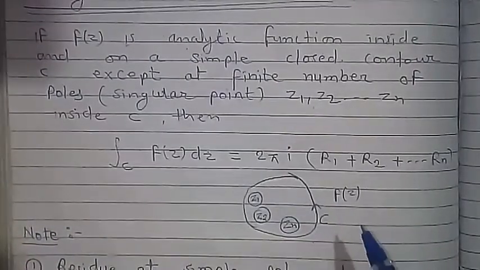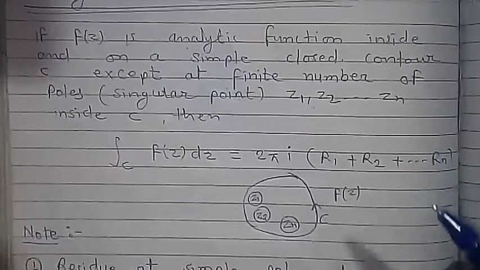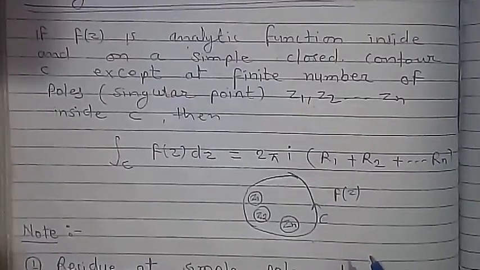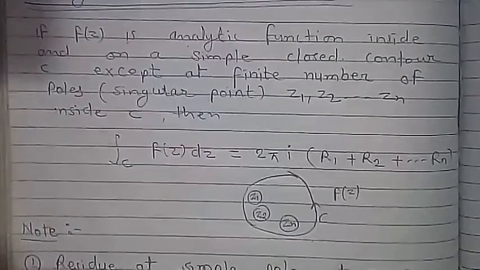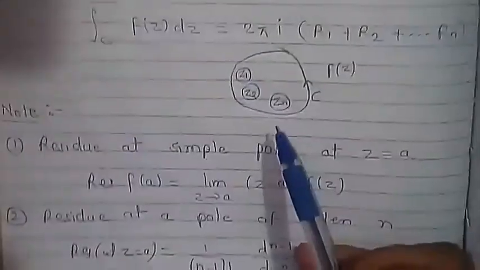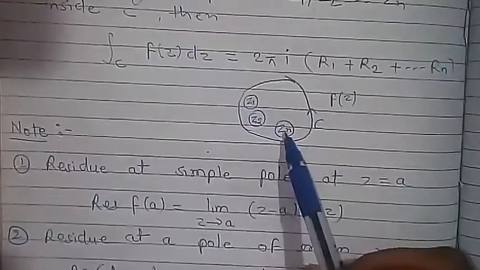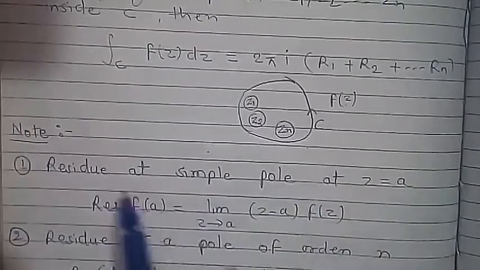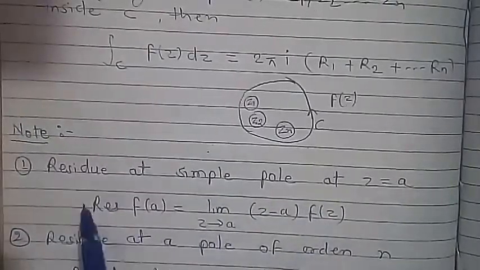Now we will discuss how to find residues. There are three types of formula to find the value of residues. When the order of the pole is simple, like 1, 2, 3, then we will use this formula.